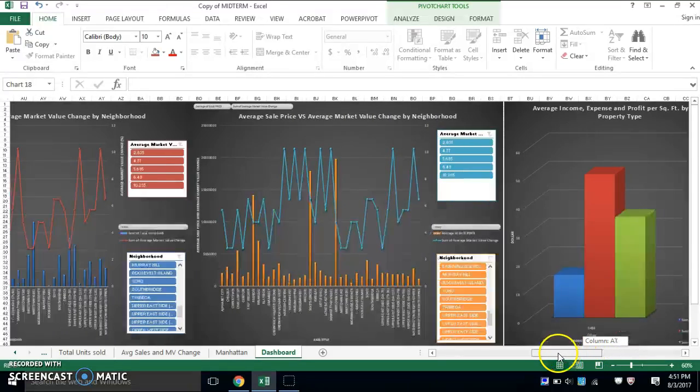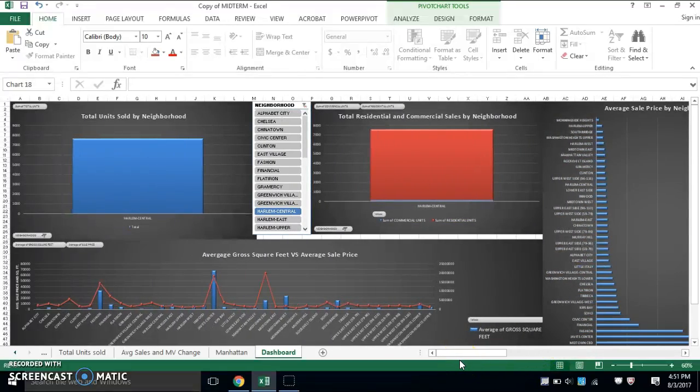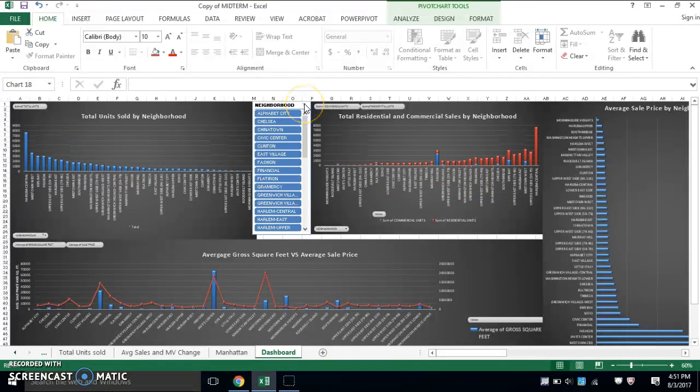So now, to decide where you want to have an office, that is something else. These 2 charts here show total units sold by neighborhood in Manhattan and total residential and commercial sales by neighborhood in Manhattan.